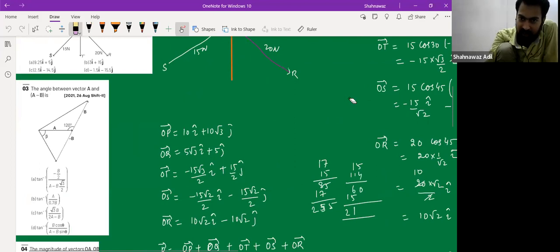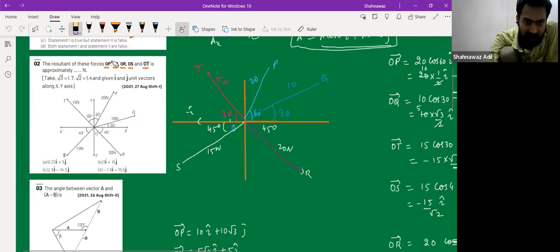So you guys please take the screenshot of this question. And you already know the approach to solve this problem, right? We have to break all the vectors into component form, in the two unit vector form, and then we have to add. Yes, so I think we made a mistake in the OP vector.